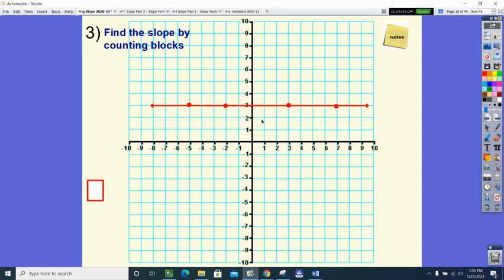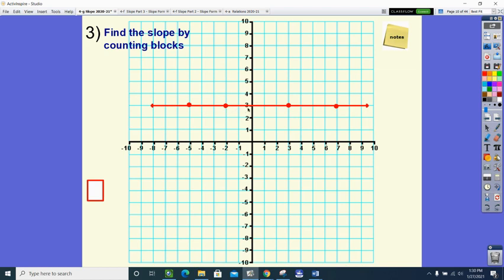Okay, well, what about this one? This is kind of a special line and it's horizontal. My question to you: does this line ever rise? Does it ever go up? And the answer would be no. It has a 0 rise. It does run, but a horizontal line has 0 rise, so you put a 0 in the rise.